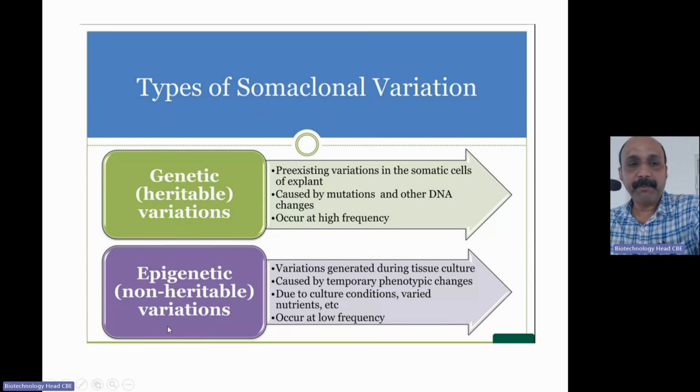Those are epigenetic changes just for one generation. This can arise due to extreme culture conditions or varied nutrients, causing such non-heritable changes in the plants, and these occur at low frequencies.